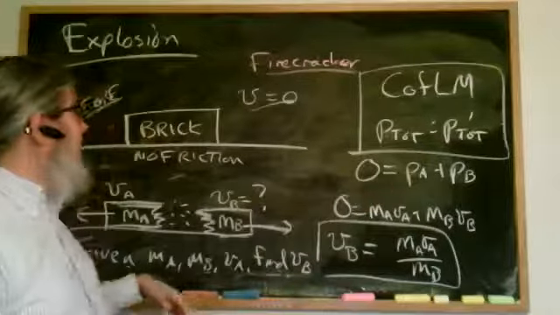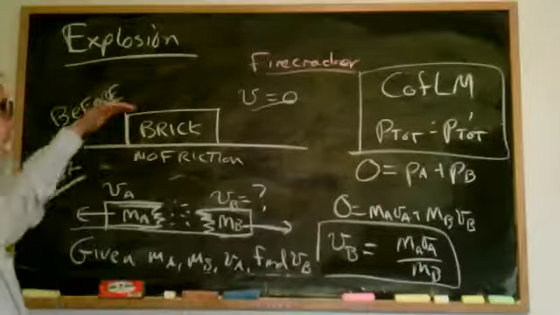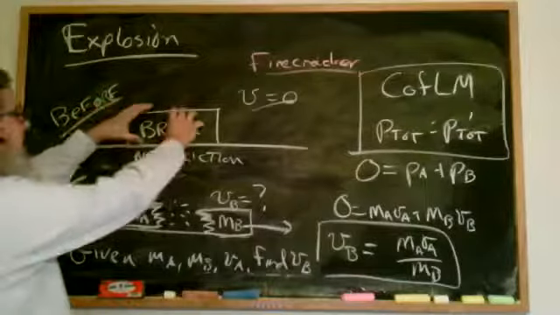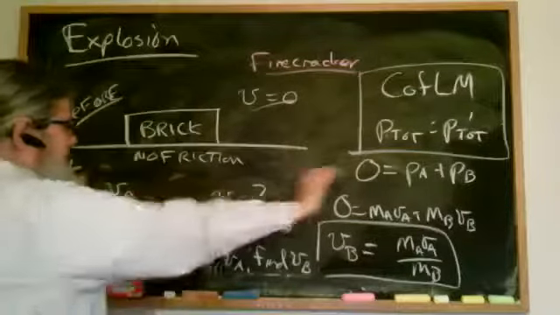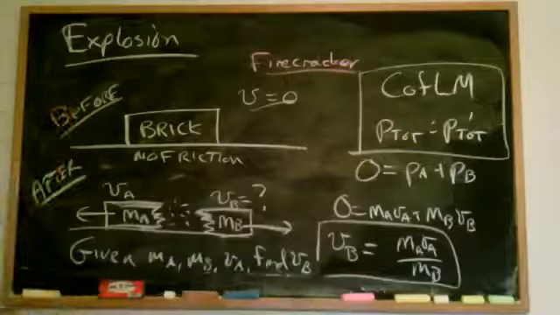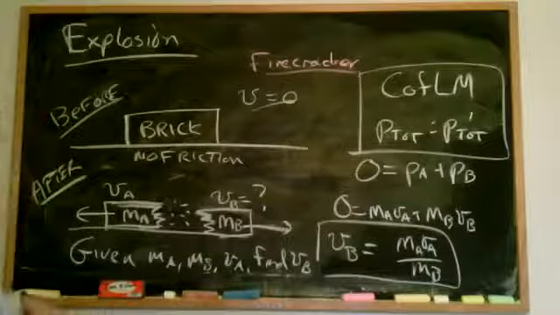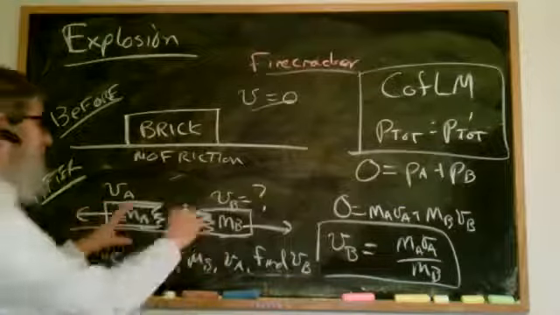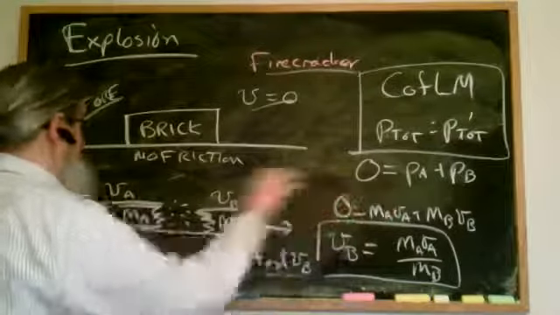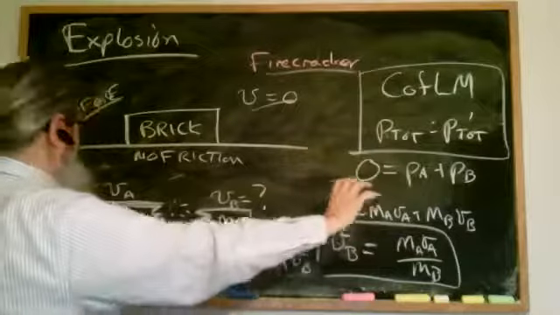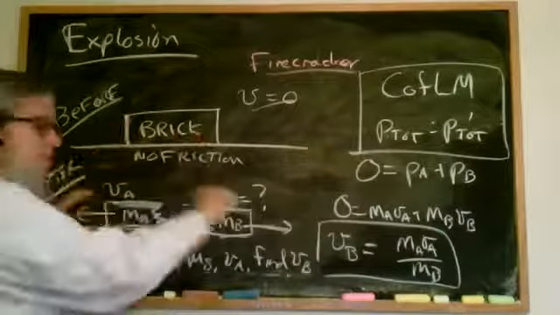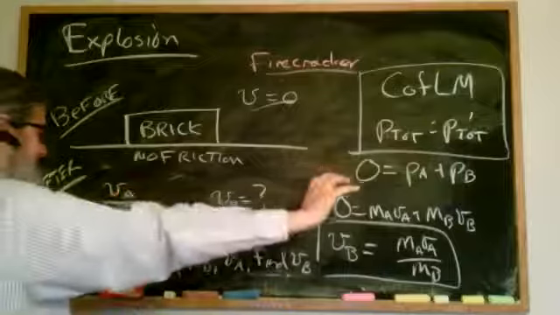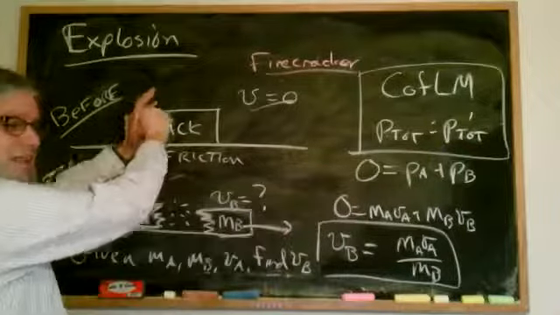In this case, if I run time forward, I have a brick that explodes into 2 pieces. But suppose I had a film and I ran the movie backwards. Instead of seeing 2 pieces going out, pieces of the brick would come in and form the original brick. In other words, the movie would go like this, whoop, they'd stick.